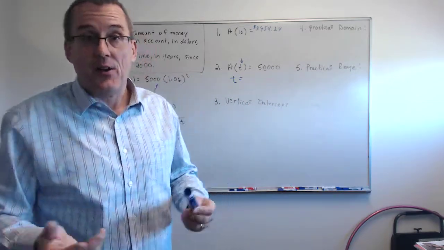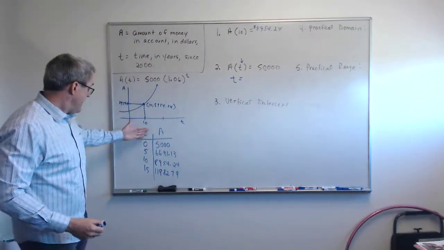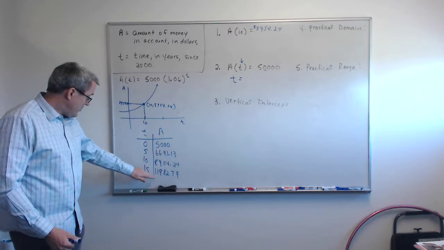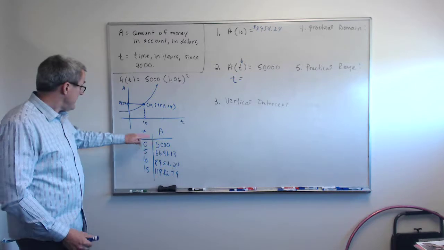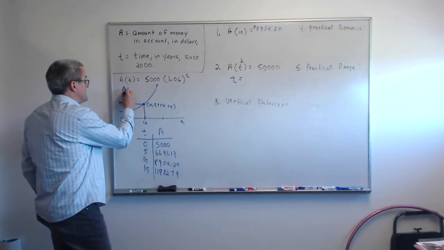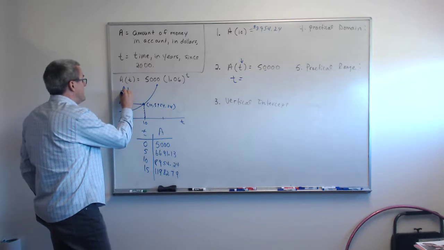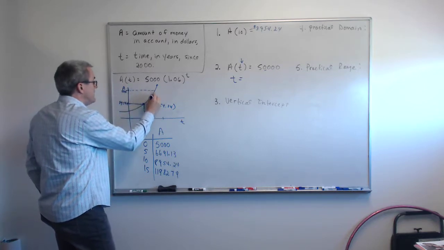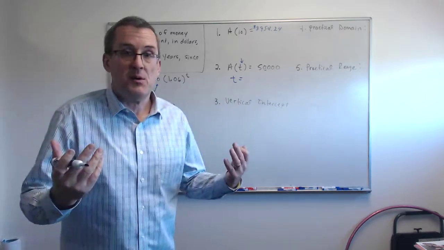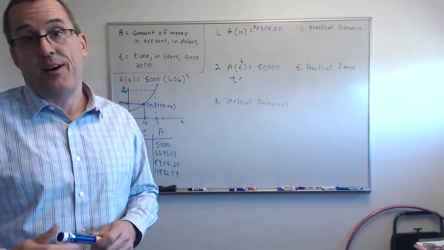I have to figure that out. Now I would figure that out by, if I had a table, I could look at the table and look for at what year would I have $50,000. I could look at a graph and say, in what year is the amount 50,000? Let's say 50,000 was right here. I would go, well, that happened after so many years. I would have some resource by which I could figure this out.